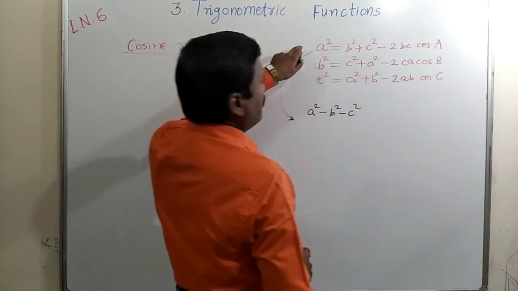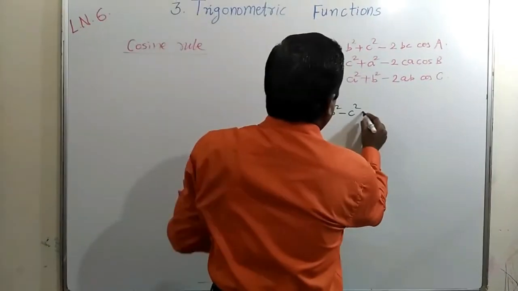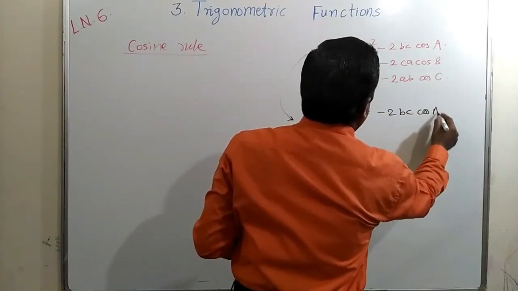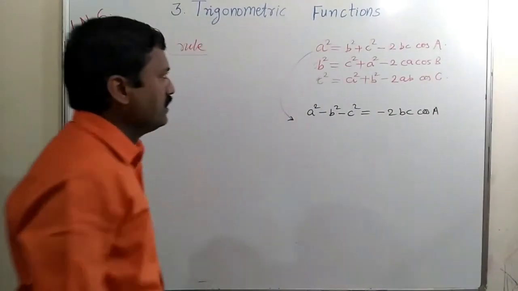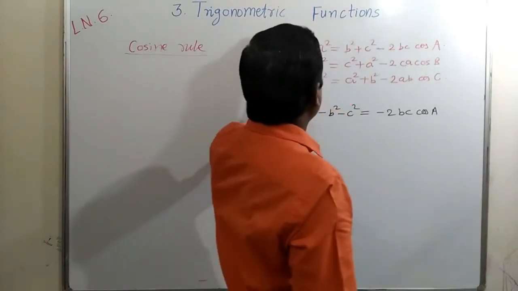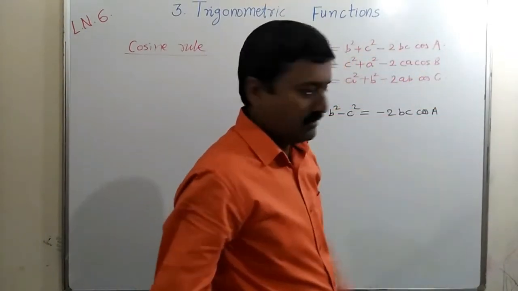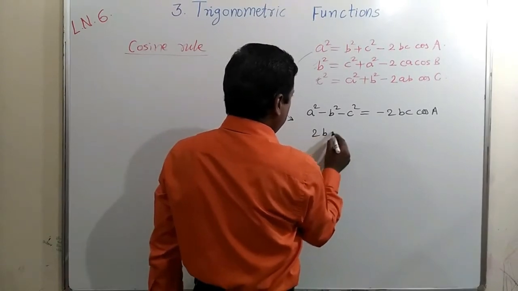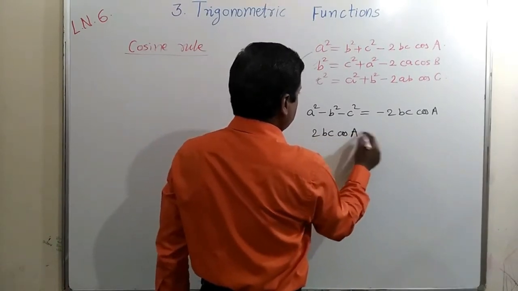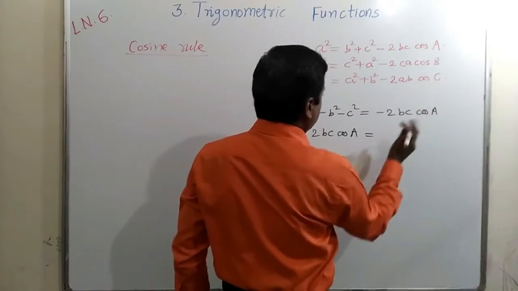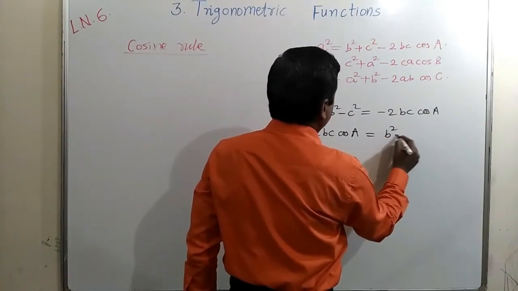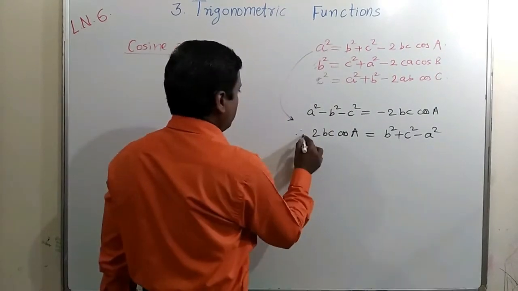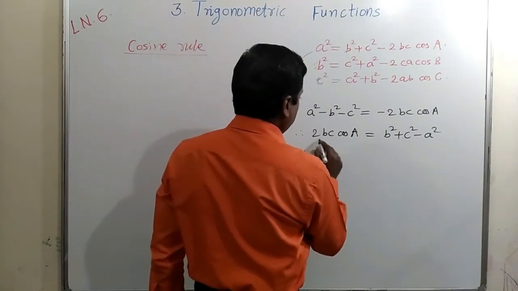Taking this to the left side, it becomes minus twice BC cos A. Or you can take this to the left and take A square to the right also. Then, taking this here, we get twice BC cos A, and taking all these terms to the right, we get B square plus C square minus A square.